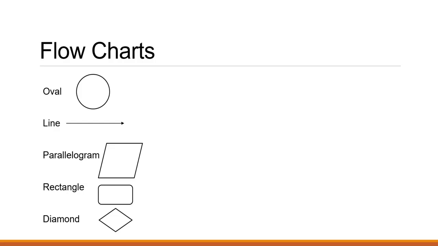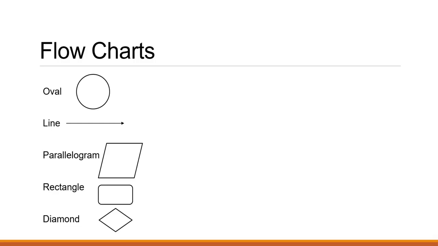Now, most protocols are written in flowcharts. And if you've never learned about flowcharts, this is your introduction to flowcharts. All of the little symbols that are on a flowchart actually mean something.